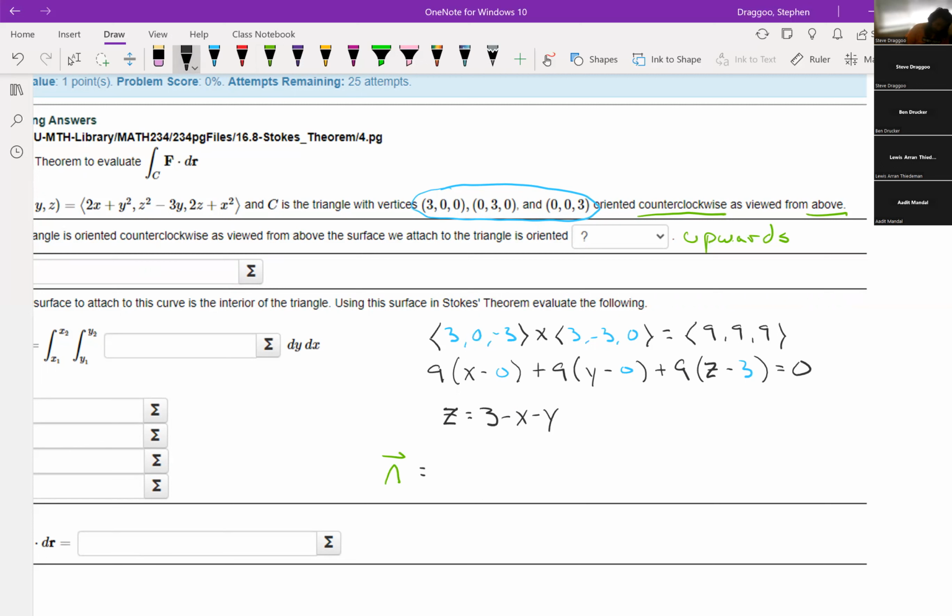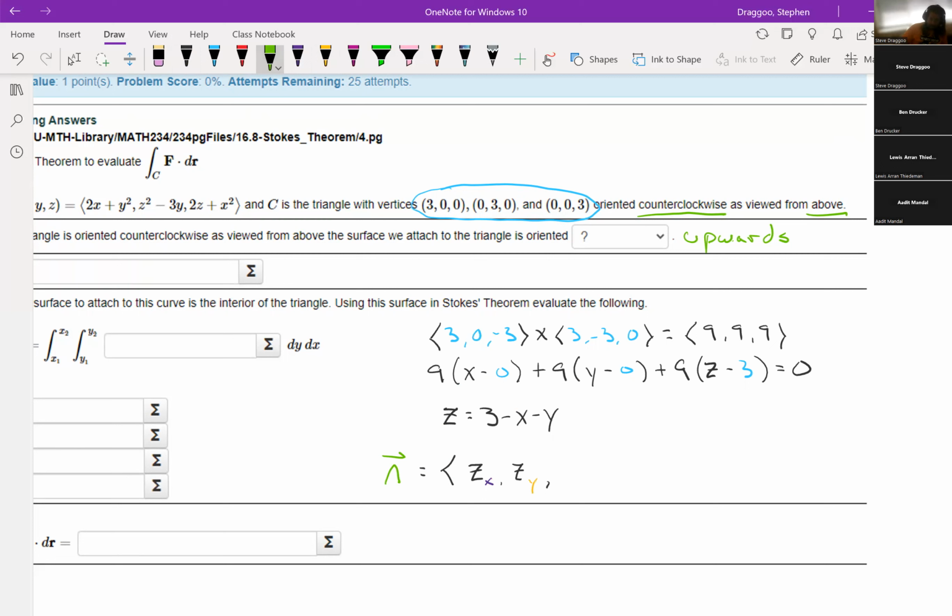And for the particular normal vector that I wanted, I know it should be z partial x, z partial y, and then 1.